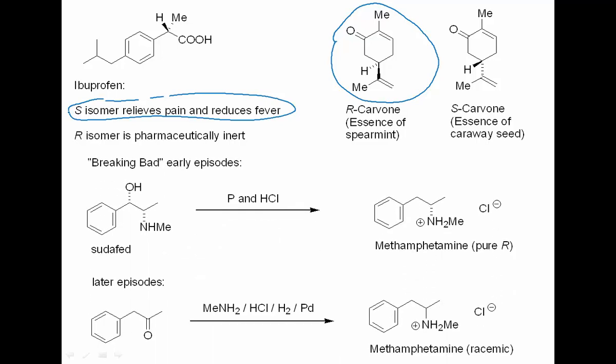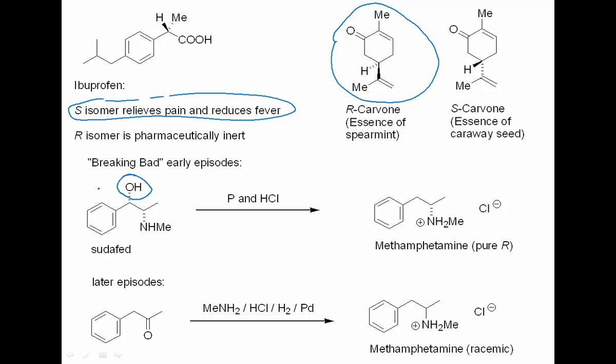Okay, methamphetamine is also a chiral substance. Here's an interesting thing. If you ever watch the TV show Breaking Bad, they started talking about chirality, but they didn't really gauge it properly, I don't think. So in Sudafed, which is the precursor to amphetamine in the early episodes, what they do there is they just sort of get rid of that OH group right there with phosphorus, which you get from match heads, and HCl.